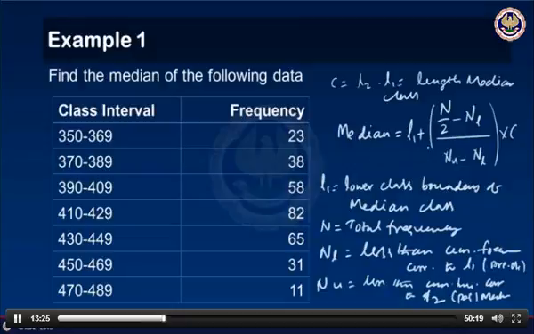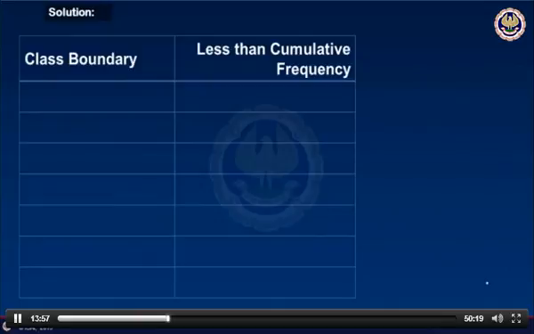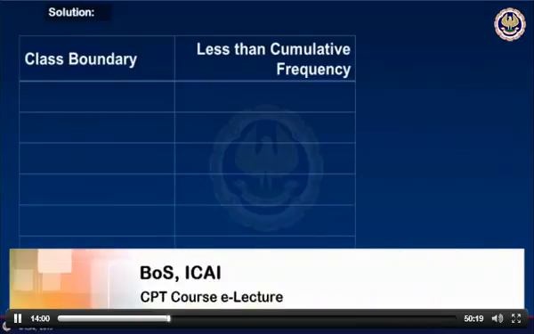Median equals L1 plus (n by 2 minus NL) by (NU minus NL) into C, where L1 is the lower class boundary of the median class, n is the total frequency, NL is the less than cumulative frequency corresponding to L1, the pre-median class, and NU is the less than cumulative frequency corresponding to L2, the post-median class. In this slide, we are going to compute the cumulative frequency distribution, which is exhibited in the following table.